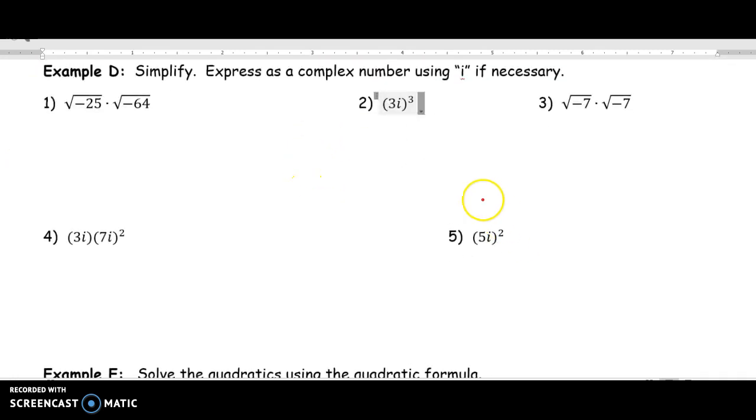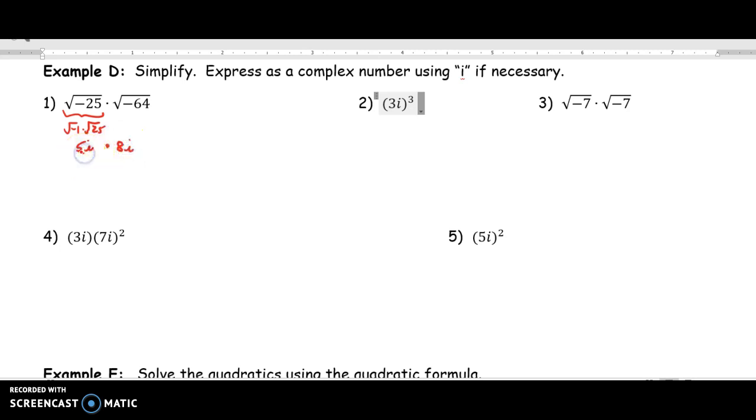And when I go to do these down below here, when we're multiplying now, we know this is going to translate here to root negative 1 times root 25. So that's going to give me 5i. Now, how do I do root negative 64? That's going to be 8i.